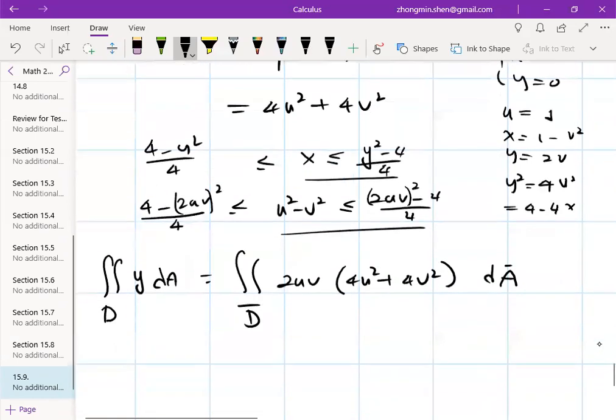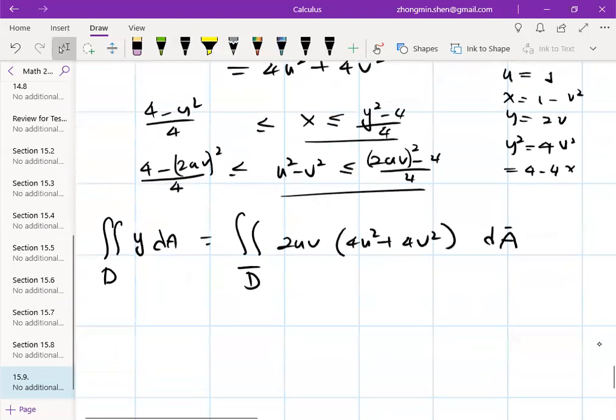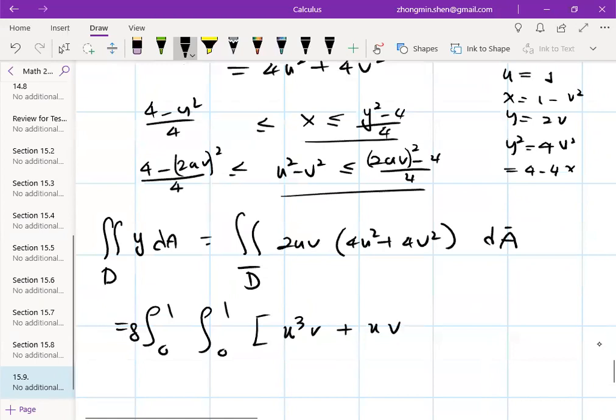And then this is just the iterated integral from 0 to 1, from 0 to 1. It doesn't matter which one you use first. I put 8 on the outside. So I will get u cubed v and u v cubed inside, du and dv.